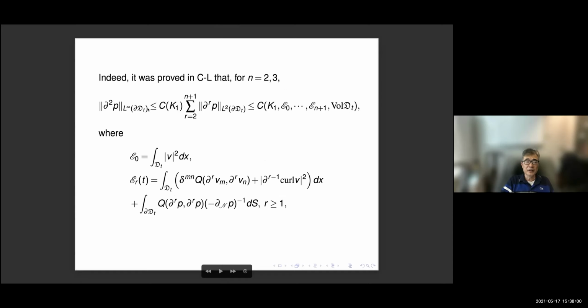This is just from the Sobolev embedding, and from this Sobolev embedding it can be bounded by this quantity. Here E0 is the kinetic energy, and E_R is given by this for the incompressible Euler equation, and the volume is constant, because for incompressible fluids, volume is constant. So therefore, d squared p is bounded by this.